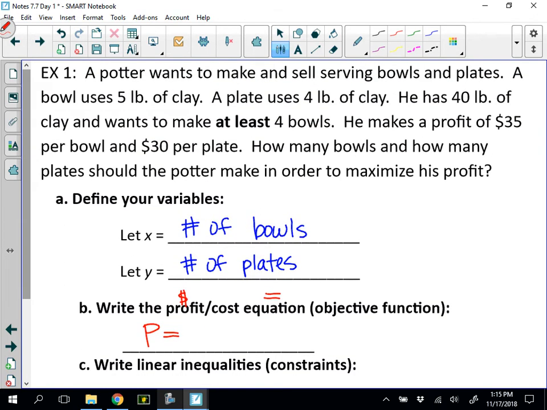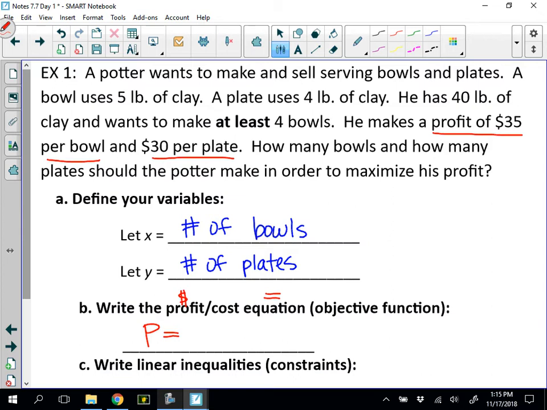So come back up to the top here. The first number we have is 5 pounds. That is not money. 4 pounds is not money. 40 pounds, again, is not money. 4 bowls is not money. All right, here we go. He makes a profit of $35 per bowl and $30 per plate.